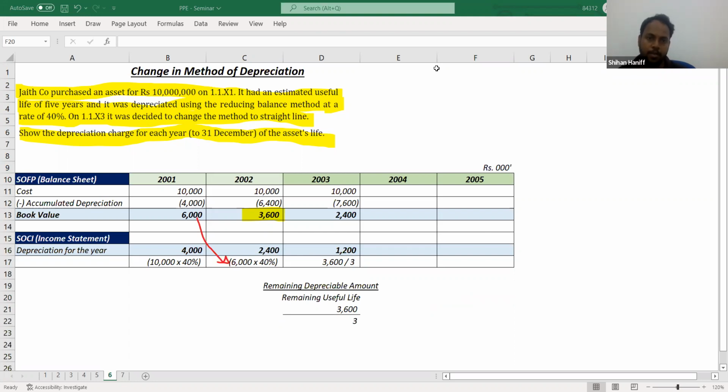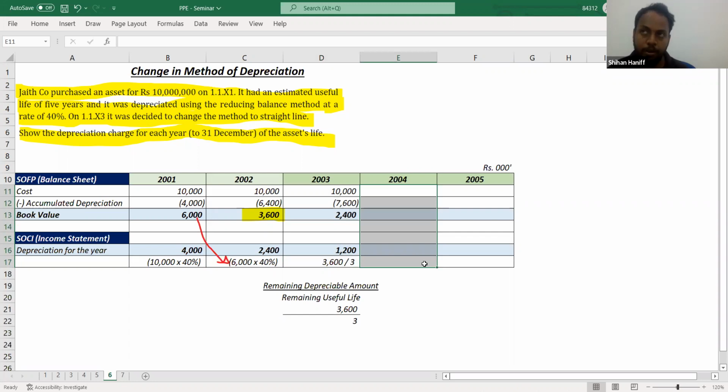There is a question. If they change the method on the last day, then what will happen? If they change the method on 2013 December 31st, then 2013 also uses the reducing balance method. Only in 2014 do you have to do the straight line method, because that is the first day.